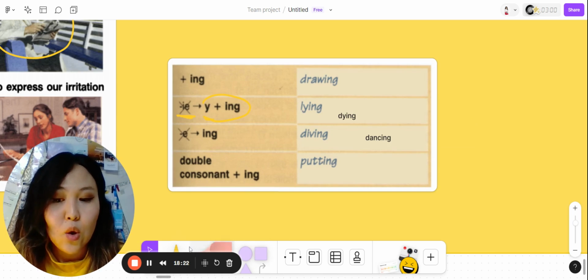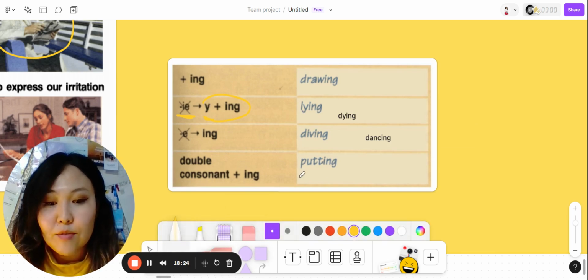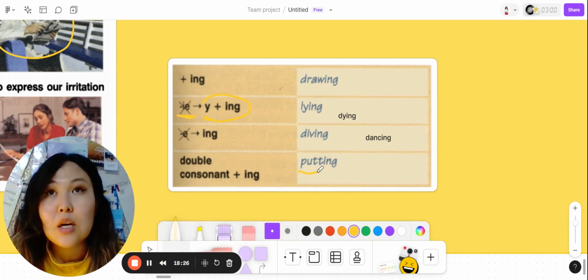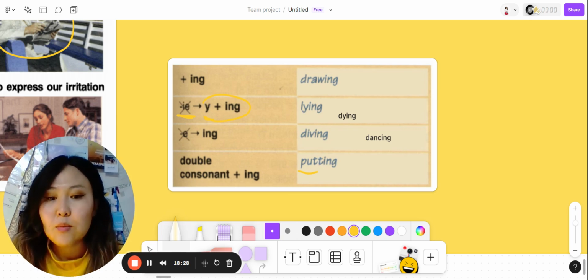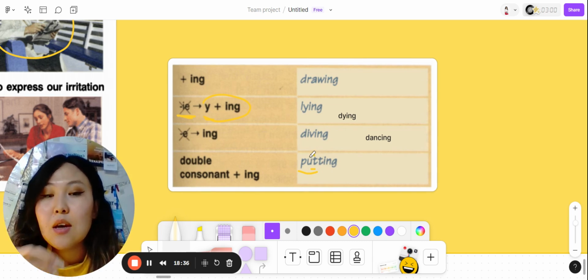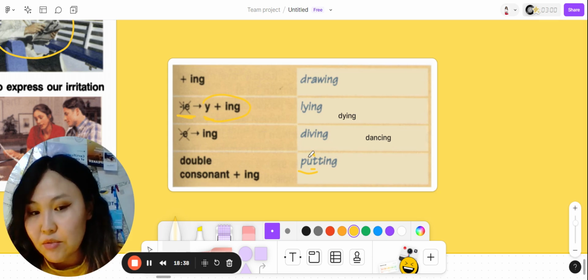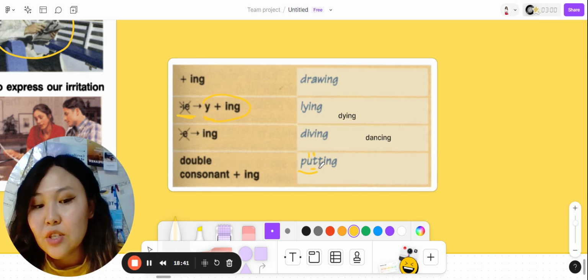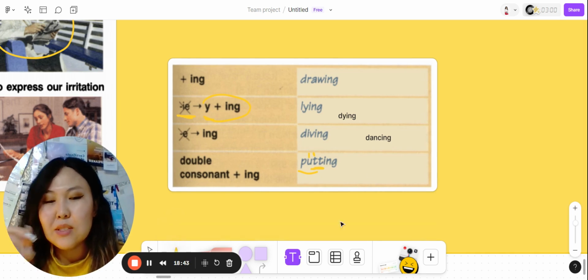So I hope you remember it. If we have some short words, usually of one syllable, and they finish in some consonants and they have a stressed vowel before the consonant, we need to double the consonants. I know it sounds strange.